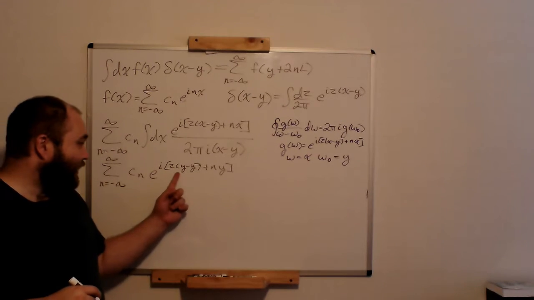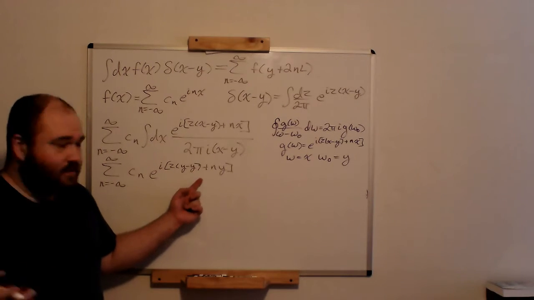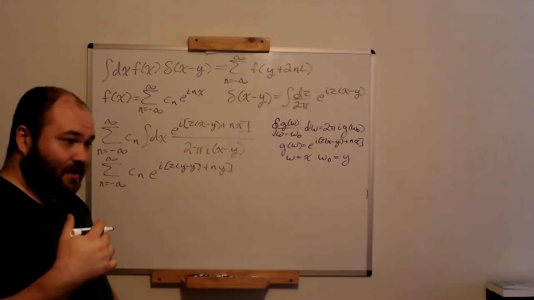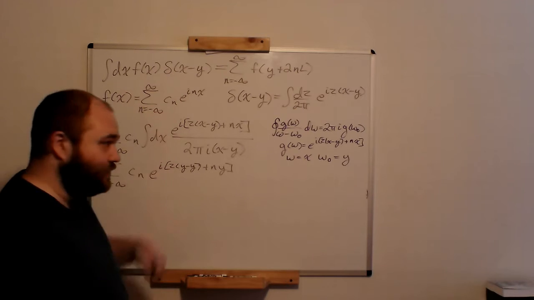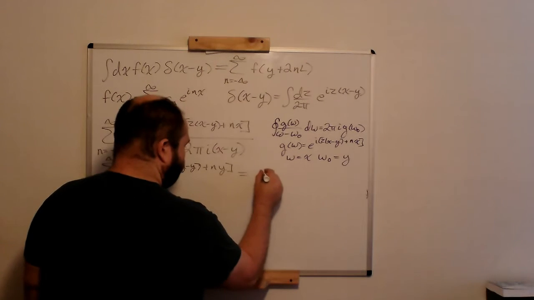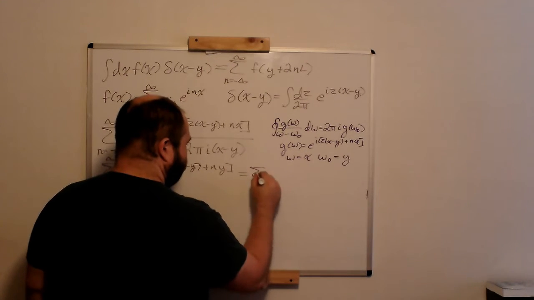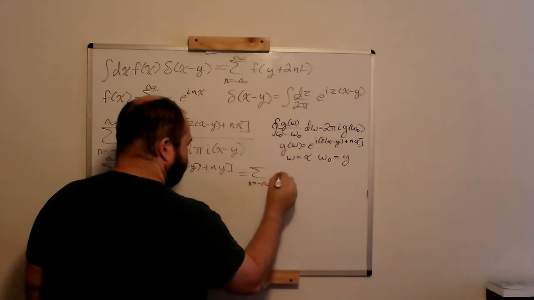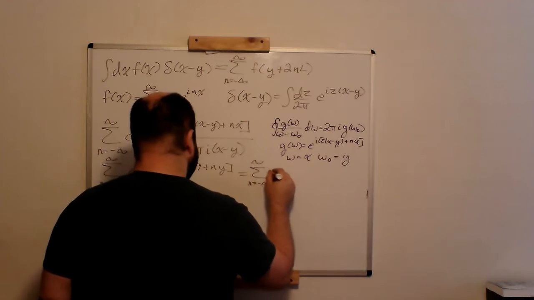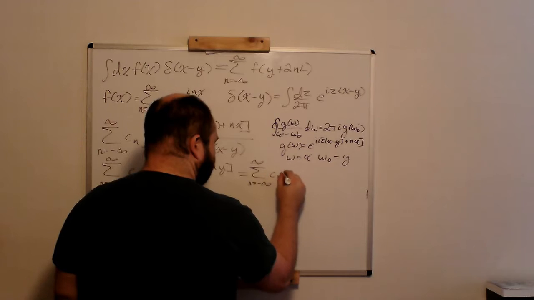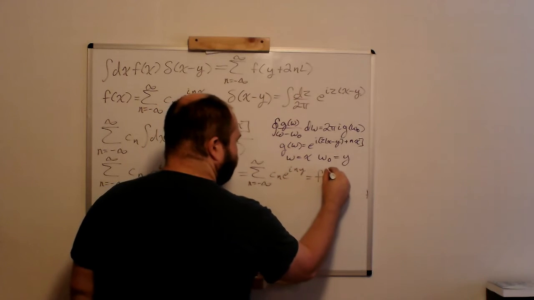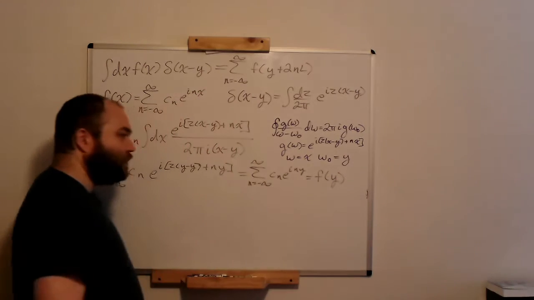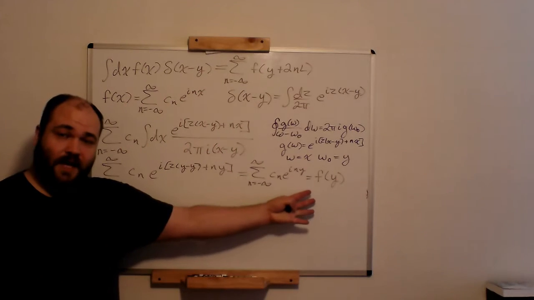And then we see that this cancels out, and we're left with the typical definition that we expect to see from the Dirac Delta. So that's a nice little proof of that.